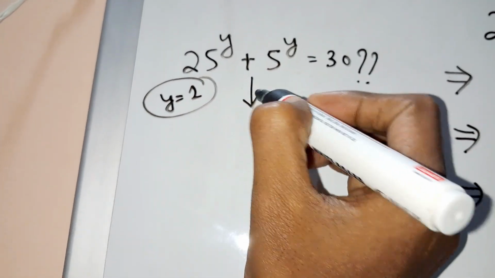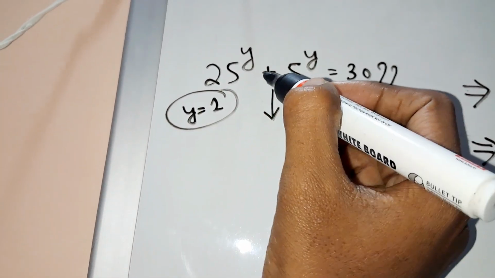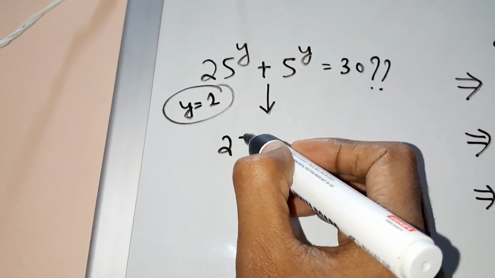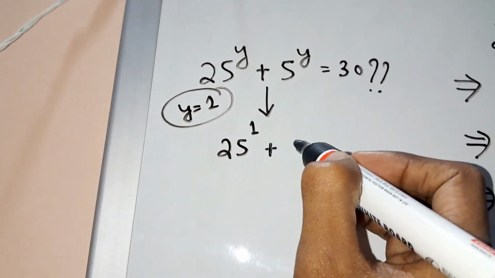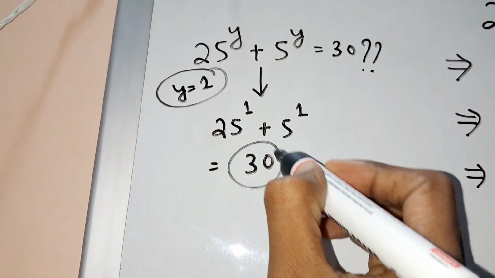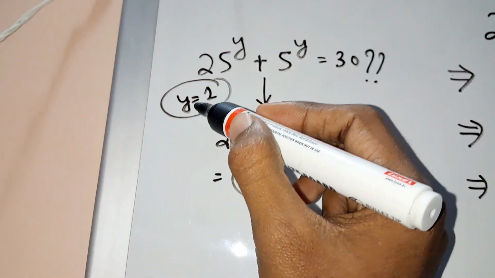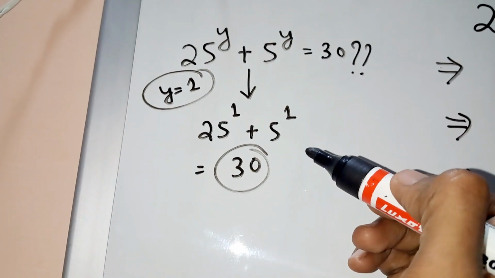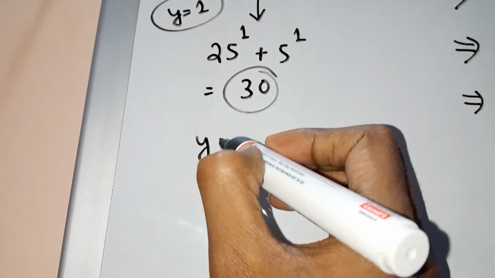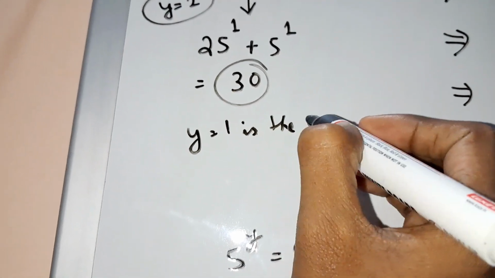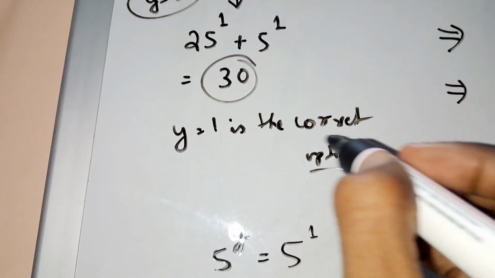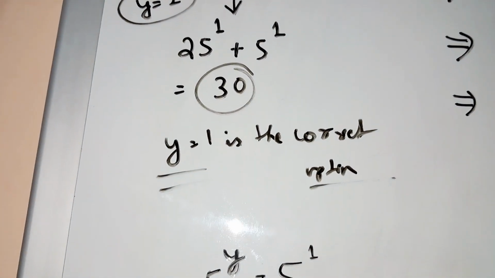So we take the left hand side, 25 to the power y plus 5 to the power y, and put y as 1. That means 25 to the power 1 plus 5 to the power 1 is nothing but 30. Okay, so for y equals to 1, this equation is satisfied. Hence y equals to 1 is the correct option.